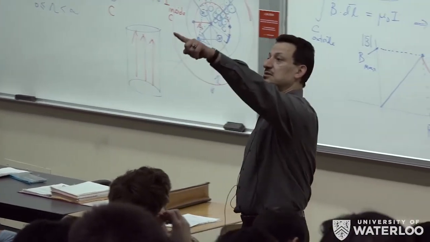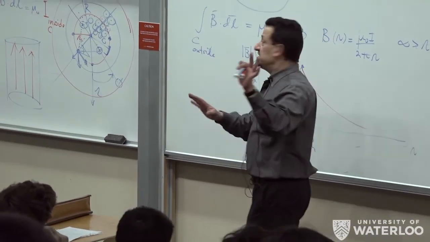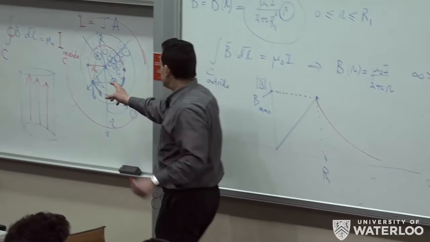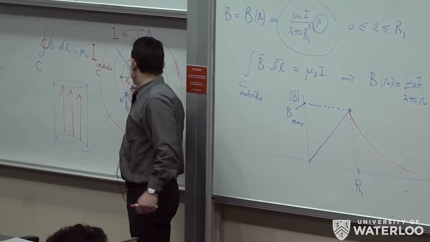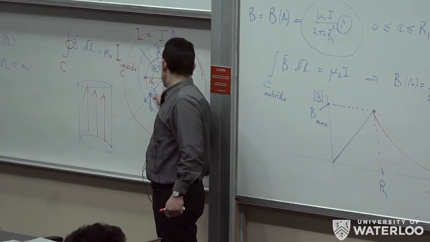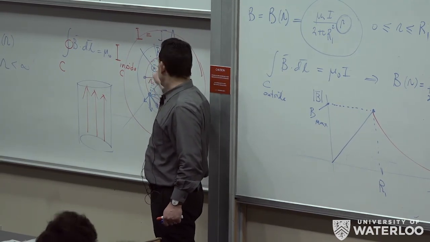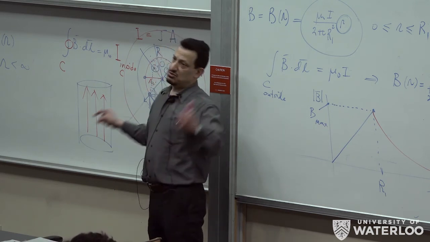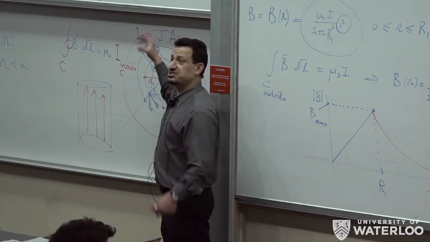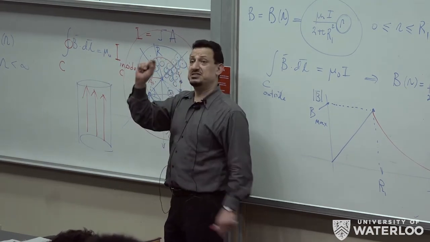Yes? Can you explain the outside part again? Okay, so please, we finished. You understand that for the field inside the conductor, inside the current bundle, I took a contour with a variable radius. So I derived the solution. Outside, it's quite easy. Outside, guys, please, this is important.